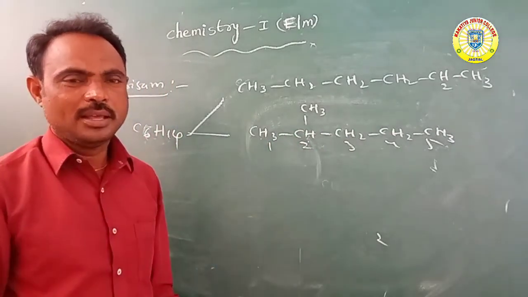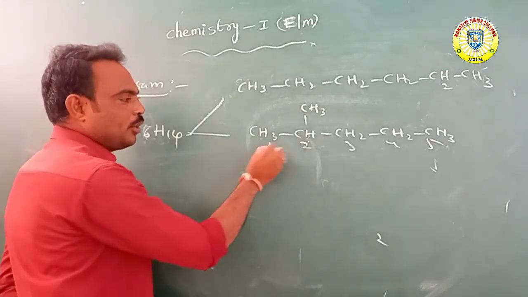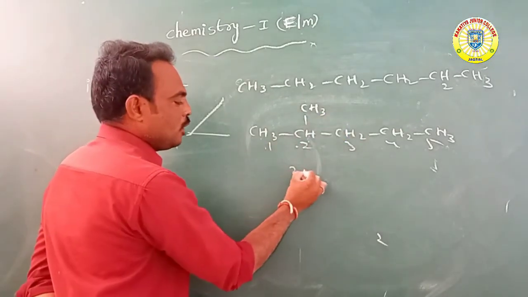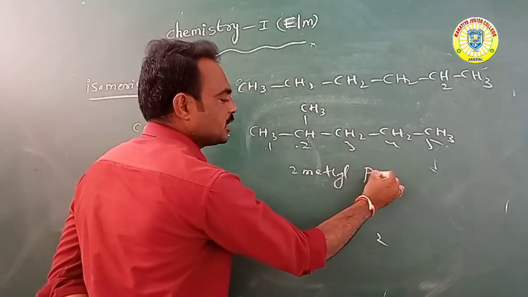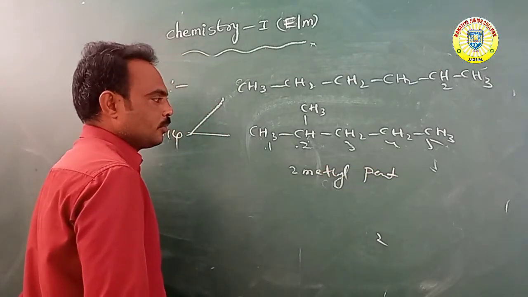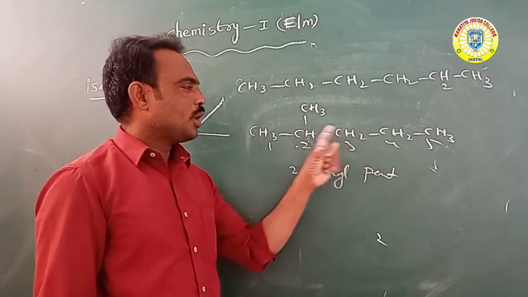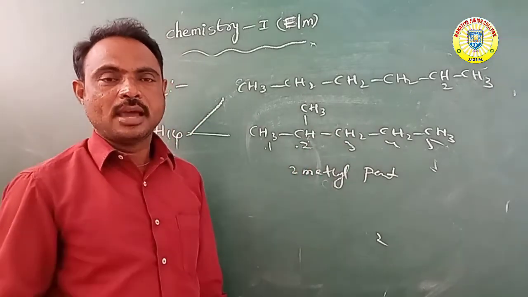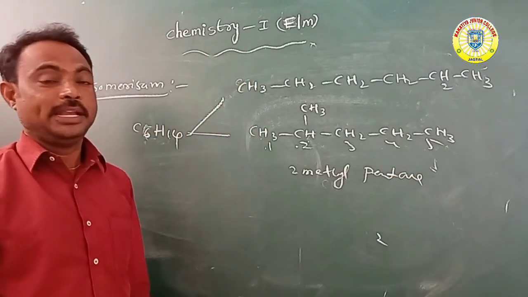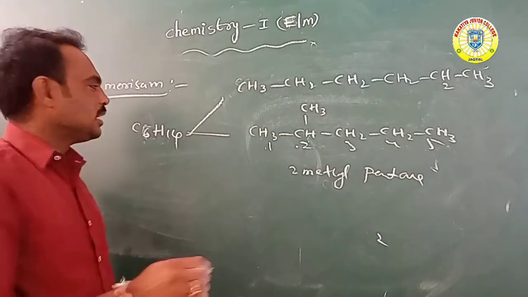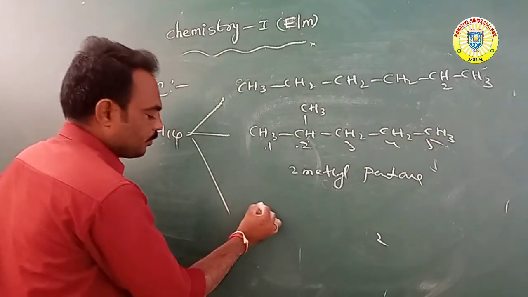Overall, 2-methyl. How many carbons? 5 carbons, pent. All single bonds, ane, alkane, so pentane: 2-methylpentane.